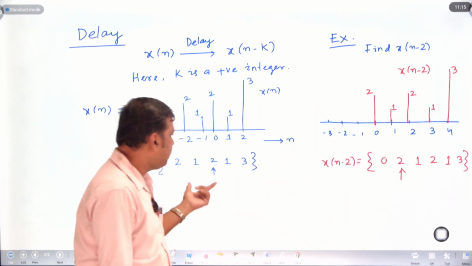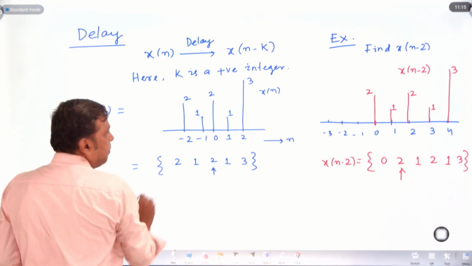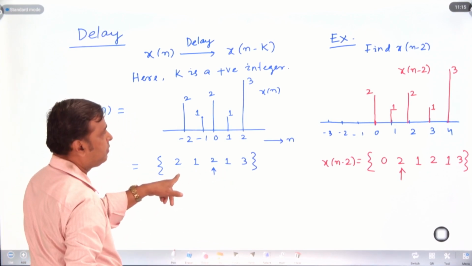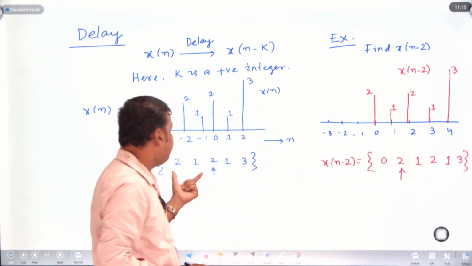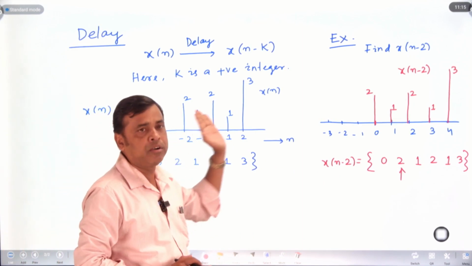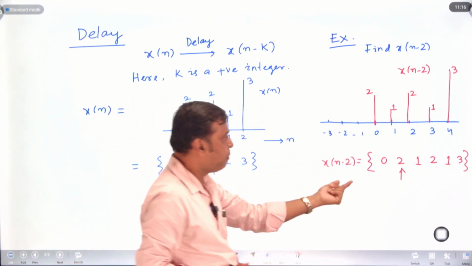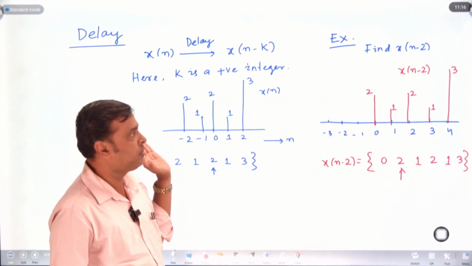And if you observe the sequence representation, the arrow mark is shifted towards the left by 2 units, here at 2. Remember. In the graphical representation, each sample is shifted towards the right, but in the sequence representation the arrow mark is shifted towards the left by 2 units.